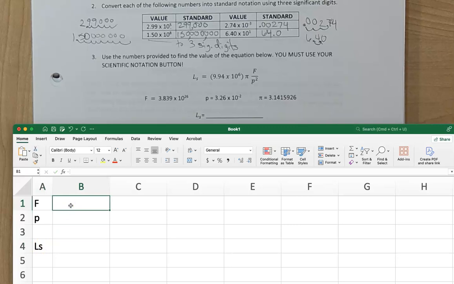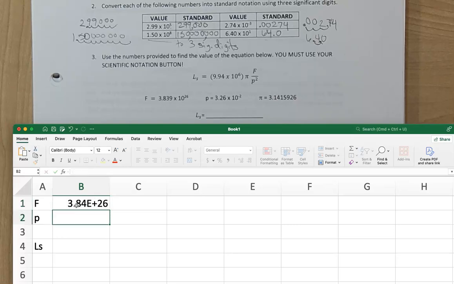What is my value of F? Well, F is 3.839 times 10 to the 26, which in a spreadsheet will use the E notation just like your calculator will. So I'm going to write 3.839 E26.